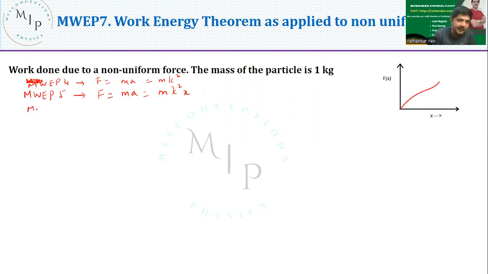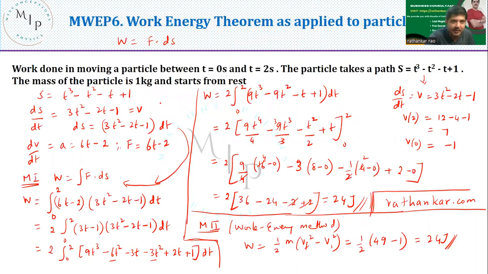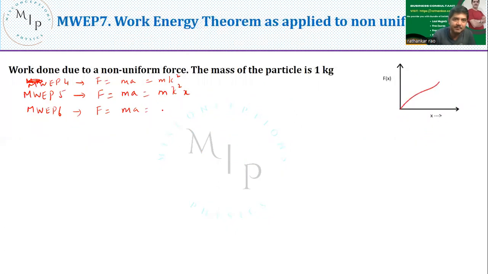And in the sixth video, yesterday's video, I had written MWEP6, F was equal to m into a, which should now be equal to, what was the equation we got? We got an equation 6t minus 2, m into 6t minus 2.